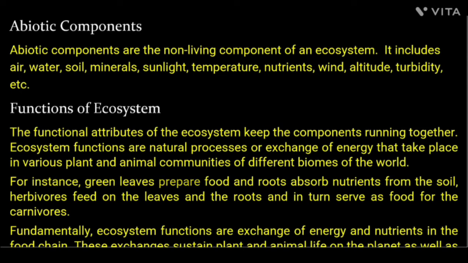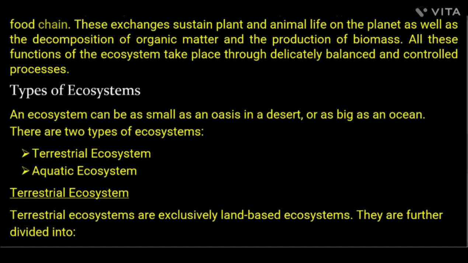Herbivores feed on the leaves and the roots and in turn serve as food for the carnivores. Fundamentally, ecosystem functions are exchange of energy and nutrients in the food chain. These exchanges sustain plant and animal life on the planet, as well as the decomposition of organic matter and the production of biomass. All these functions of the ecosystem take place through delicately balanced and controlled processes.